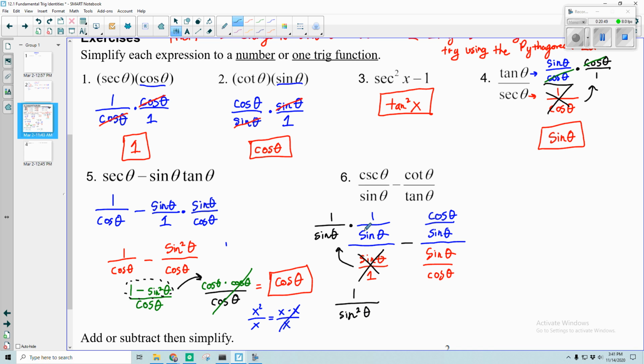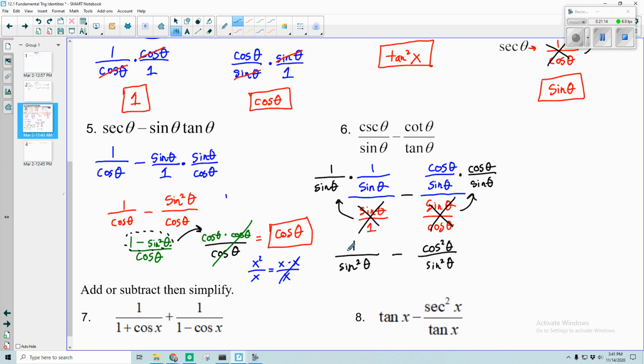Okay, so 2 sines multiplied together make sine squared. Same thing over here. So I'll take this, flip it upside down, so I get cosine of theta divided by sine of theta, and I'm multiplying. Okay, so I took this, flipped it upside down, and I'm multiplying. So I get cosine squared theta divided by sine squared theta.